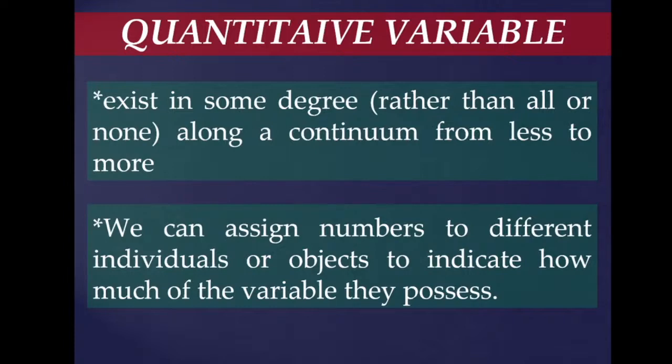Height, for example, is an example of a quantitative variable. Since my height is different from your height in terms of measurement, height is considered a quantitative variable. Anything that is different from one person to another based on measurement or numerical range is considered a quantitative variable.